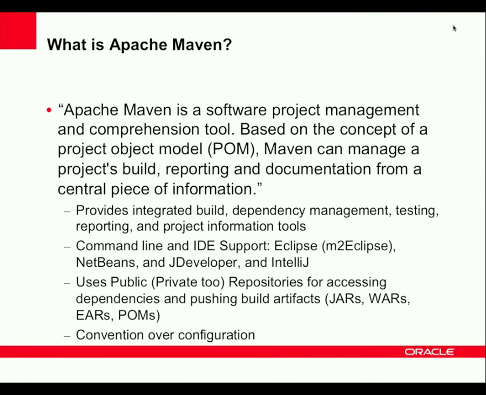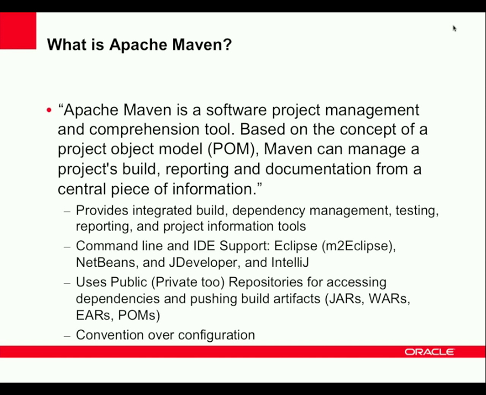This isn't meant to be an exhaustive survey of the Apache Maven product, but it's a sort of high level. So from the Apache Maven site itself, you can see that the way you can think about Apache Maven is a software project management and comprehension tool, and it's really based on this project object model called a POM file.